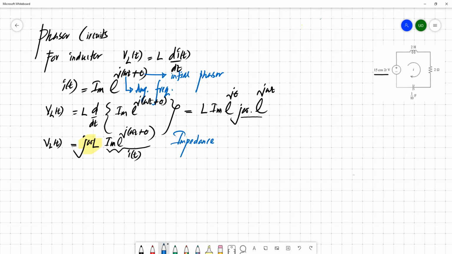So this is the impedance of the inductor, ZL.